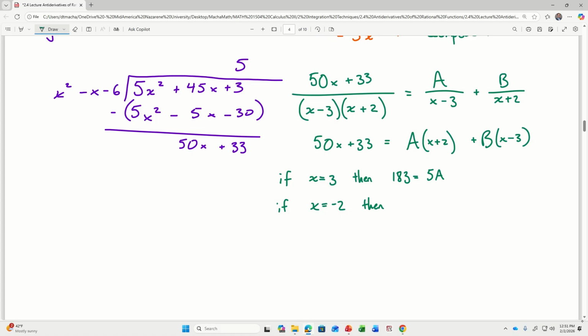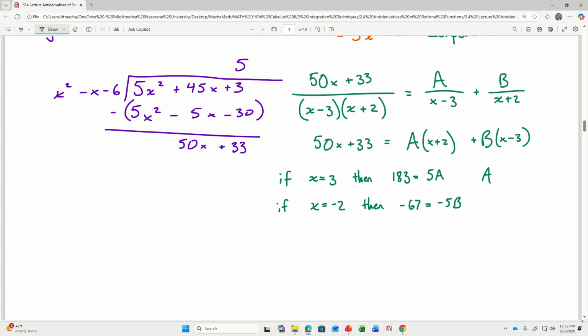Then the left side of my equation is going to be -100 plus 33. And the right side is going to be negative 5B.